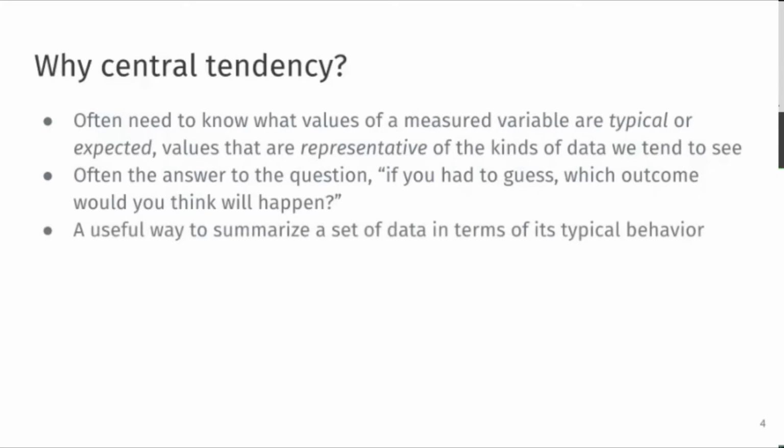And as well, it's a useful way of summarizing a set of data in terms of its typical behavior. So rather than conveying every single value in the data set, we can just tell people a single value that is somewhat representative of the entire set of observed values.